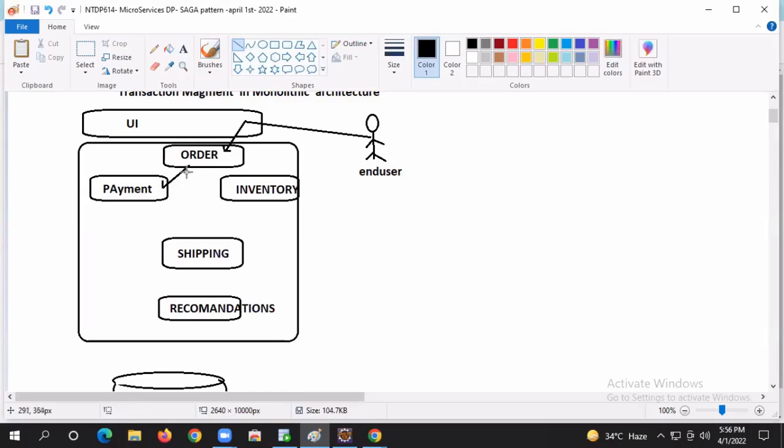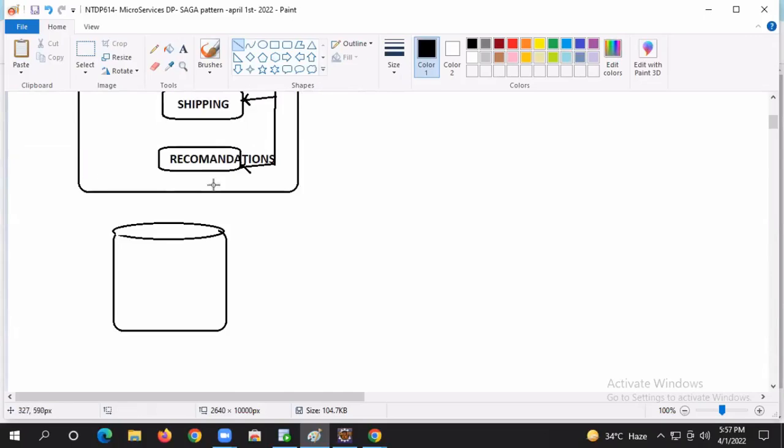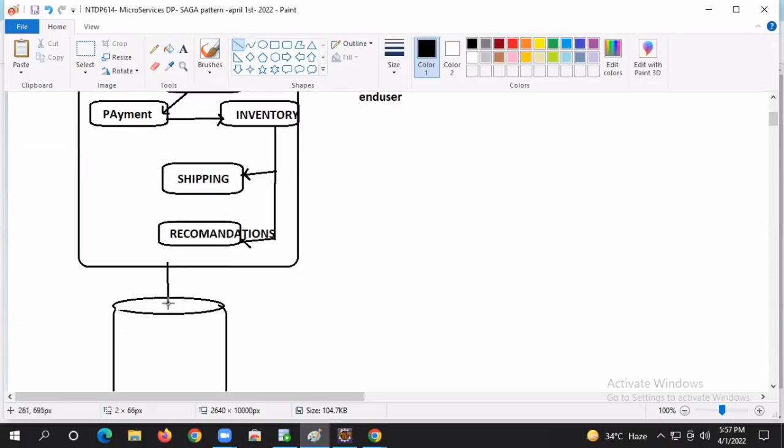Payment is talking to inventory to release the product from the stock room. Inventory will talk to shipping, and inventory also talks to recommendation. All these are talking to the database software.